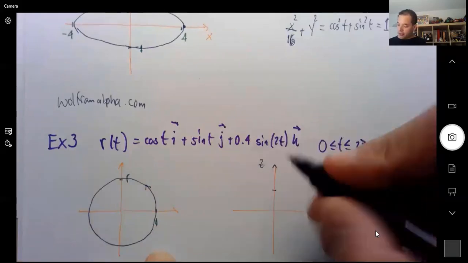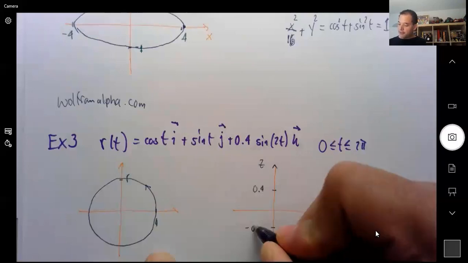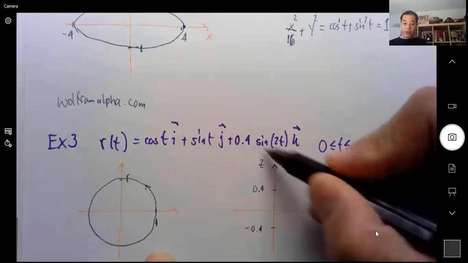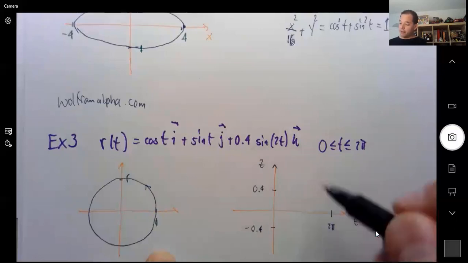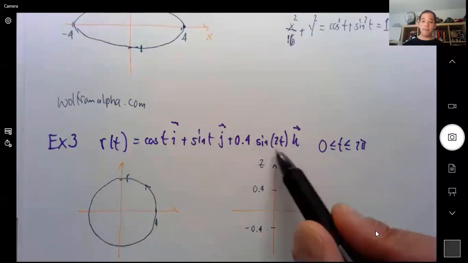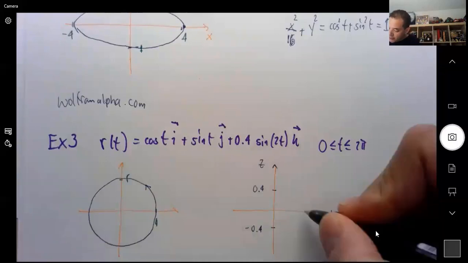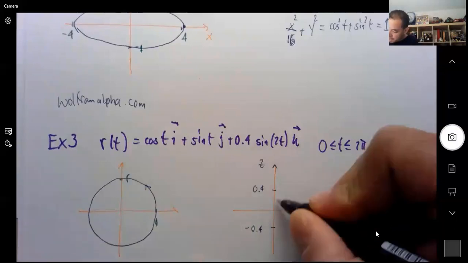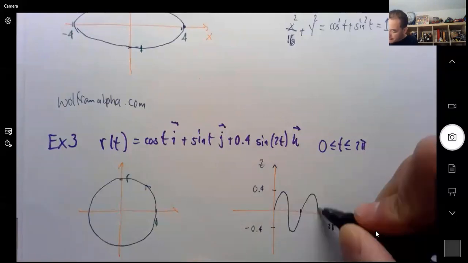So this will oscillate between 0.4 and -0.4. And it's the sine function, so we know it just goes up and down, up and down. The difference is we're multiplying t by 2. So that little 2 over there is going to make it go up and down twice as fast, right? So it's going to be like this. Up and down, and then again. Up and down, up and down.